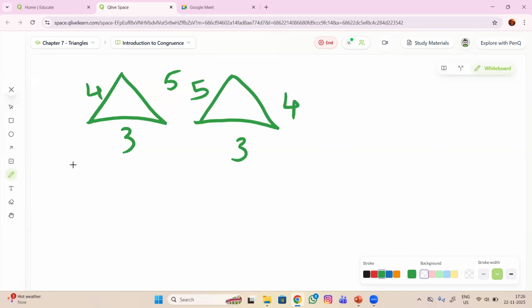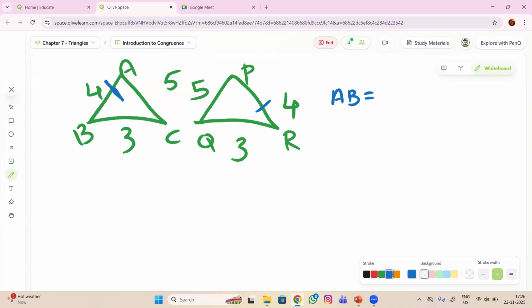We can say that first we name the figures ABC and PQR. We change the color, and we know that the side AB is equal to the side PR, because AB equals 4 and PR equals 4.